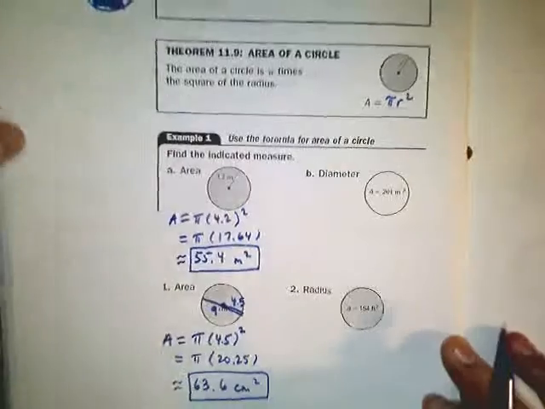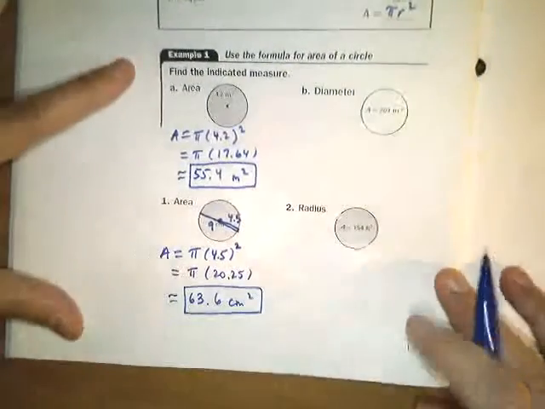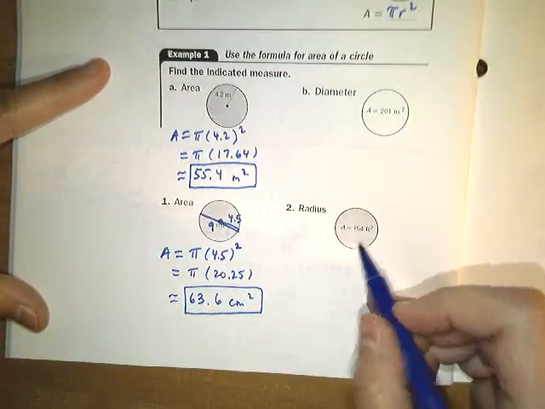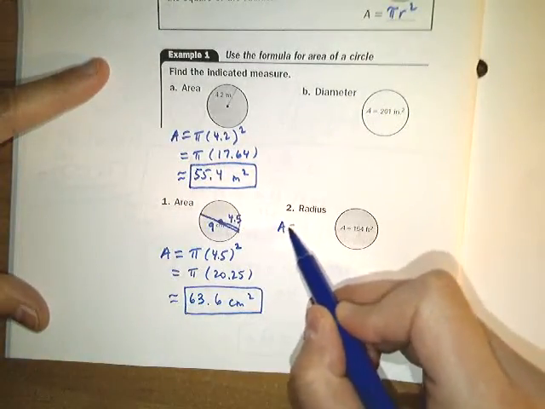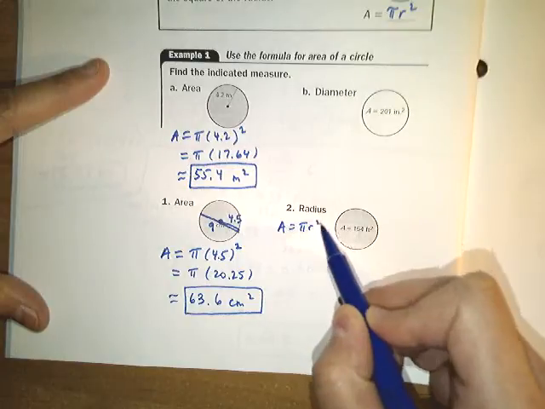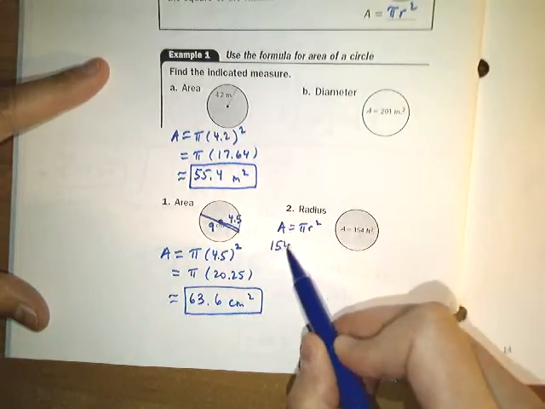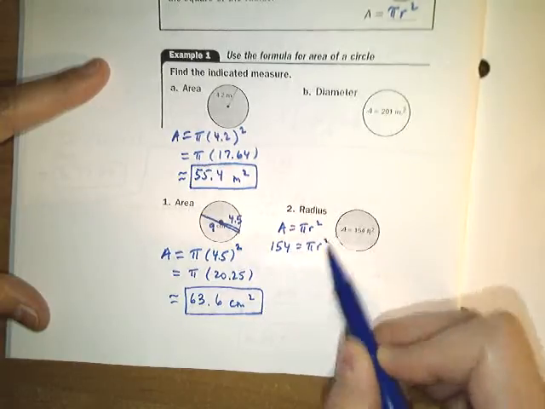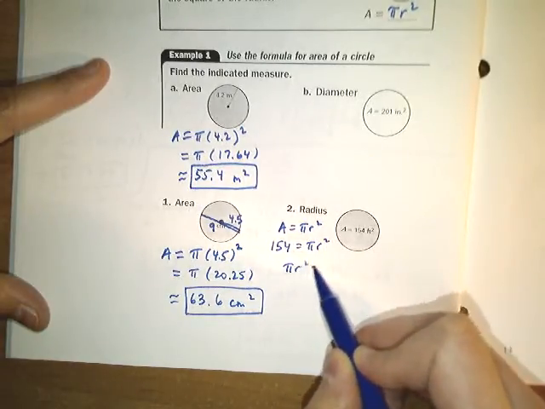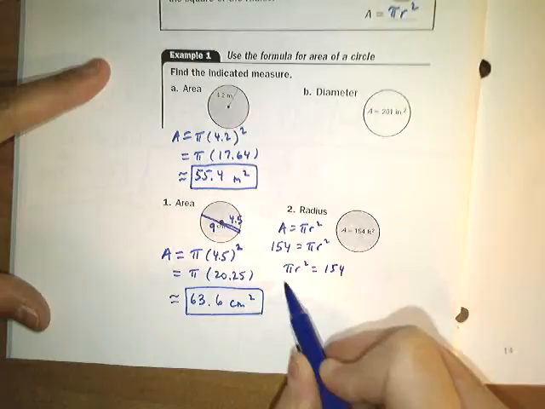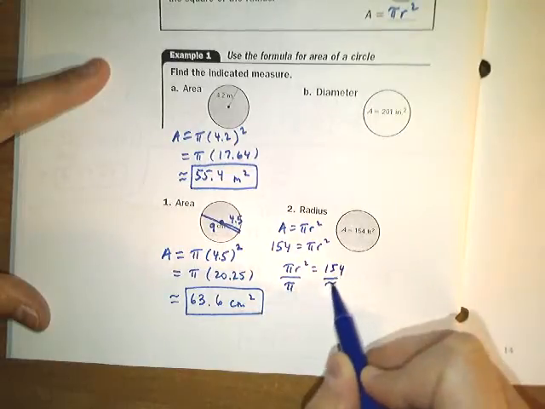Now, number 2 asks you to find the radius, but they give you the area. We can use the same formula, area equals pi r squared. The area, 154, and pi r squared on the other side. What you can do is first divide both sides by pi.